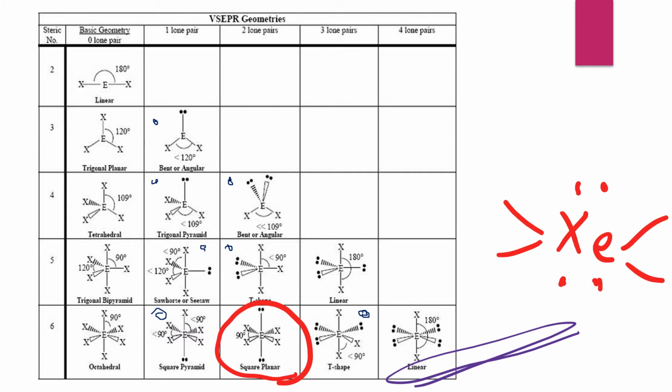And the problem with this drawing is it's two-dimensional when it really should be three-dimensional. And they're attempting to show three dimensions there. You can see the triangle dashes and the triangle solid. That's forward and backward. One of those is forward, the other is backwards. And the three pairs of dots are in a triangle position, thus the original name, trigonal bipyramidal.